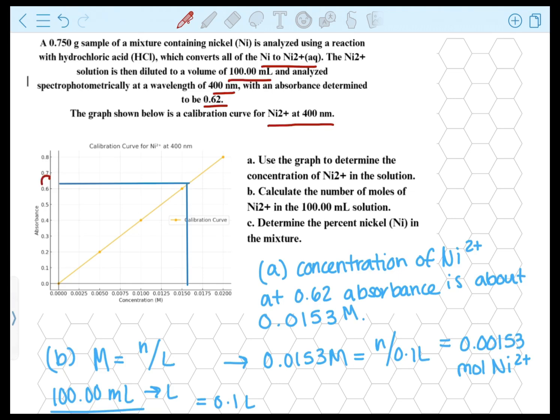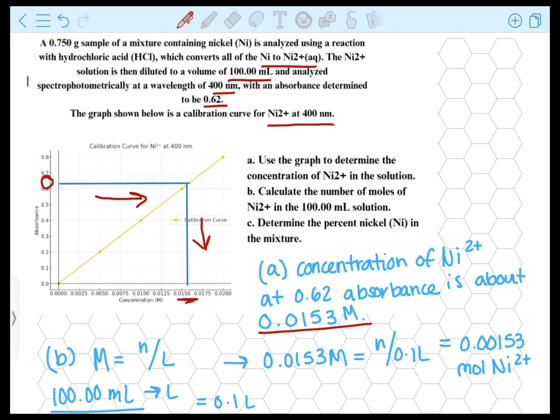If we look at the problem, we can see that the absorbance is determined to be around 0.62. So if we just go to the right of 0.62 and go down to the concentration, we can see that it's around 0.0153 molarity. And it's totally okay if you didn't know how to do this one. It's a little tricky, and it will come soon, so don't worry about it.